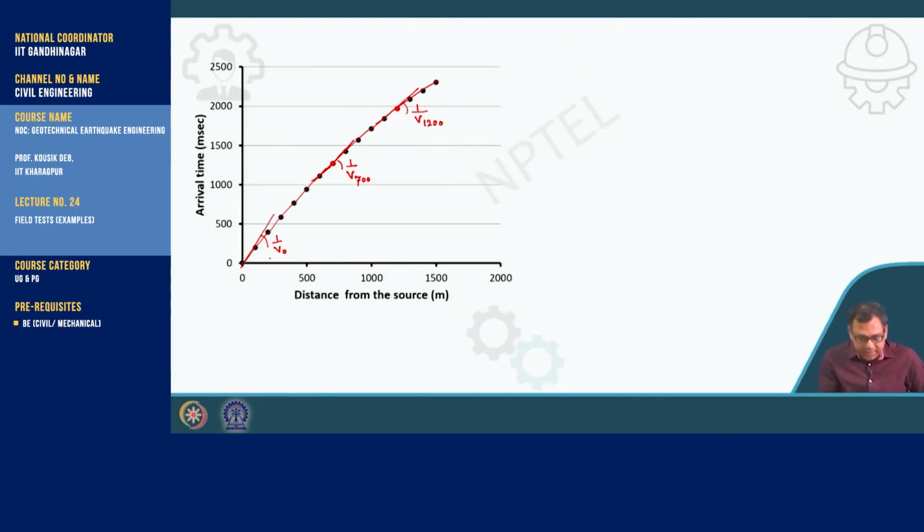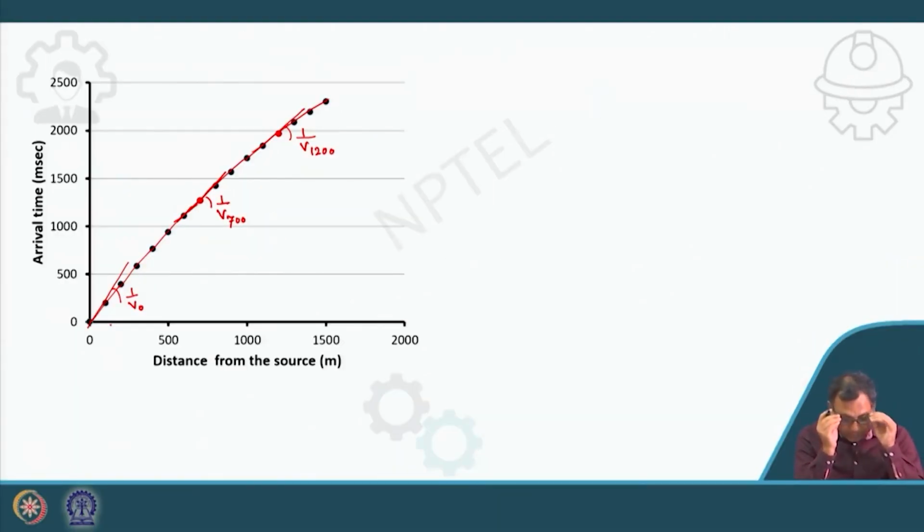So V0 I will get from the graph is 500 meter per second. Okay. Similarly, V700 I will get 637 meter per second. Okay.